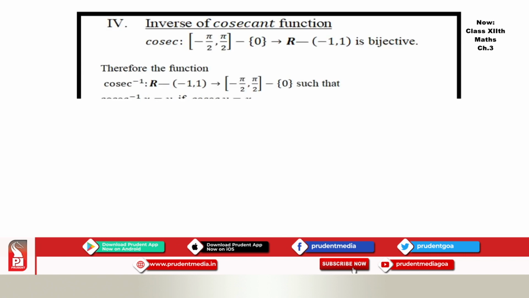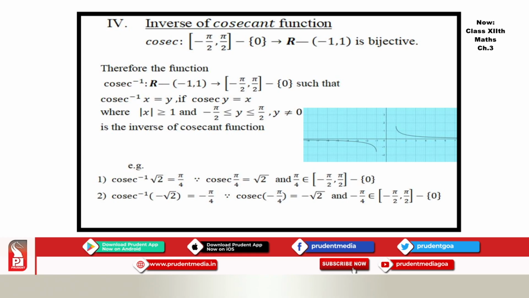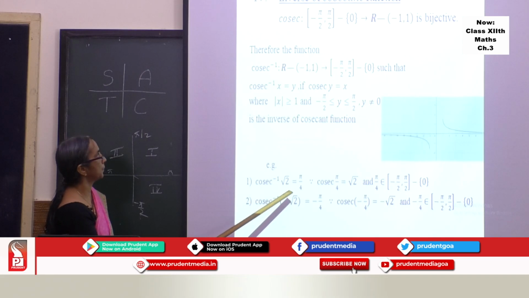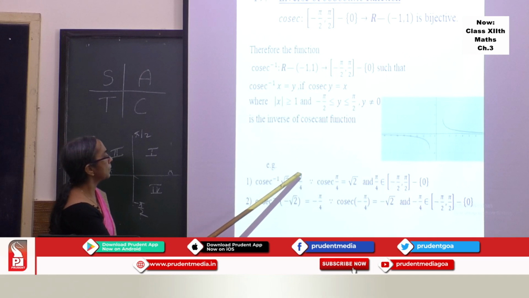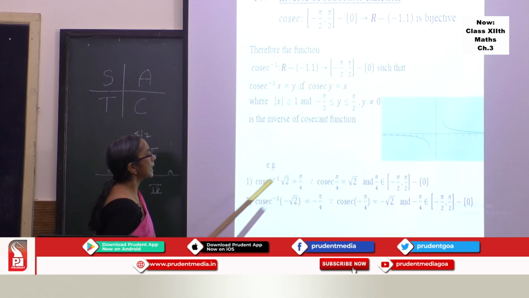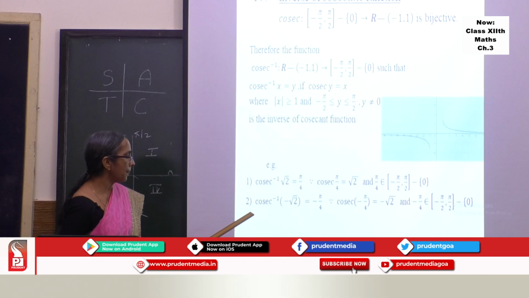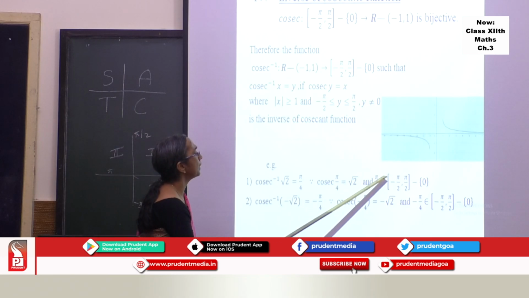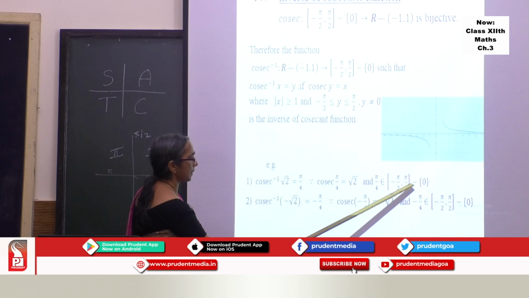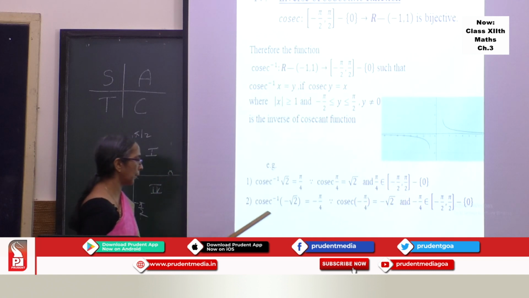Now let us take two values. The cosec inverse function is like the sine inverse function. Cosec inverse of root 2 is pi by 4, because cosec pi by 4 is root 2 and pi by 4 belongs to the closed interval minus pi by 2 to pi by 2 minus 0.